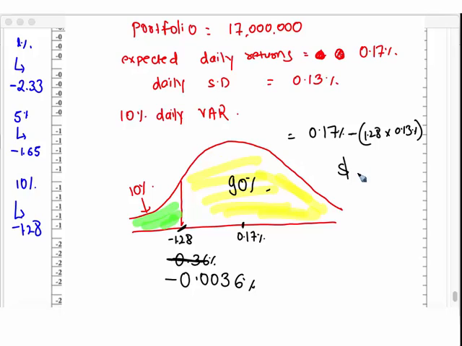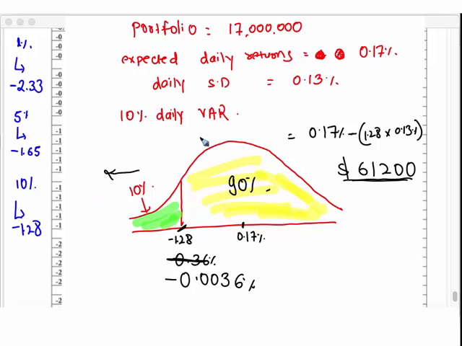Multiply 17 million into 0.036%. Is it 61,200? Yes. So how do you read this? There is a 10% chance that your losses will exceed 61,200.